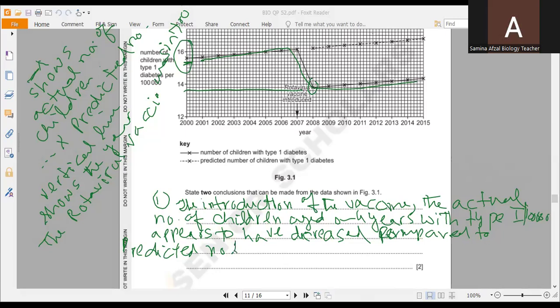And the second conclusion which we can draw is that the predicted number of children aged 0 to 4 years with type 1 diabetes in the absence of the rotavirus vaccine shows a general trend of remaining relatively stable.